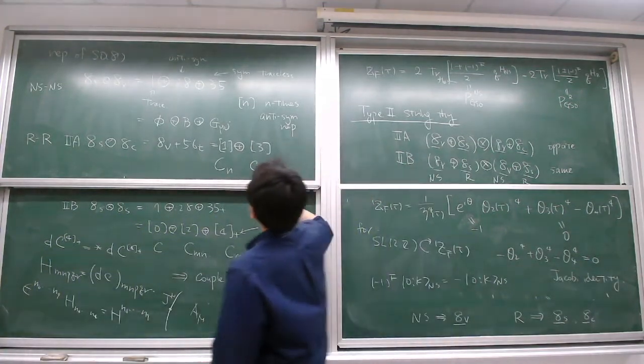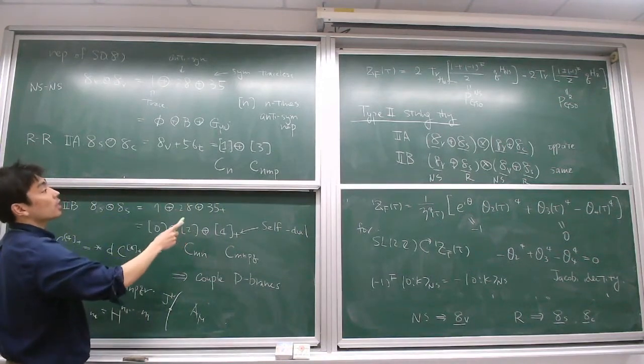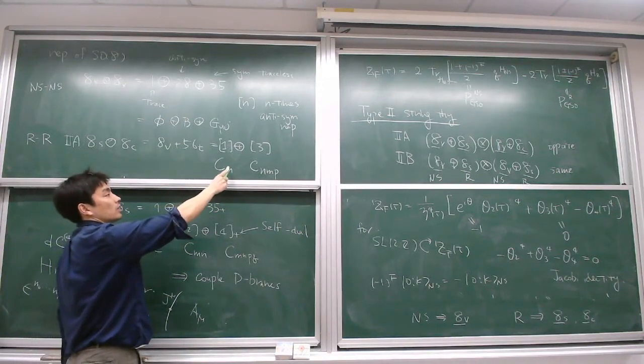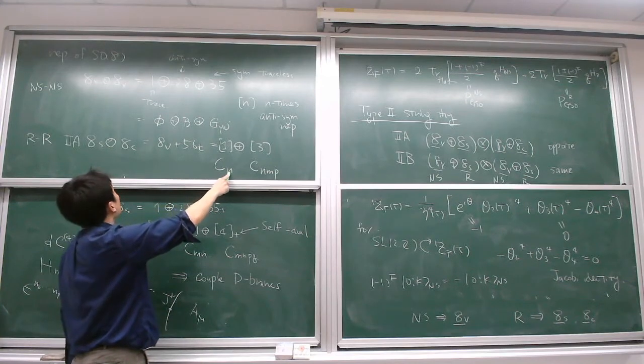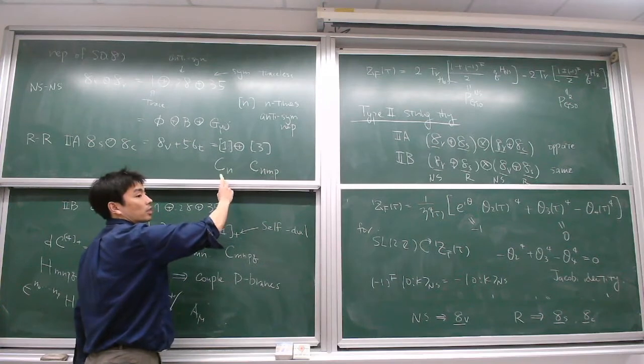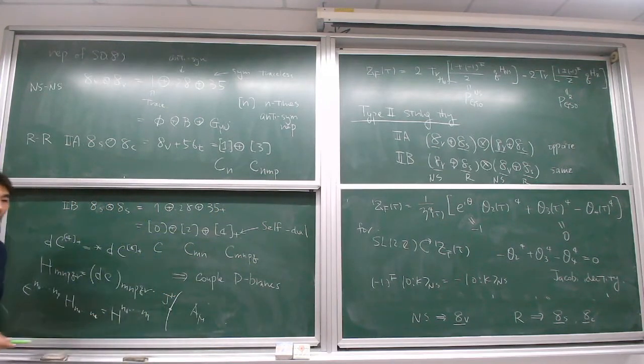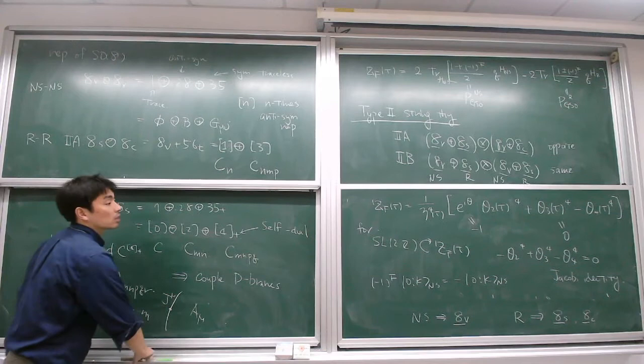So the difference between type 2A and 2B: in type 2A you have an odd number of indices, whereas here you have an even number of indices. That will give you the difference between what kind of Dp-brane you can have.